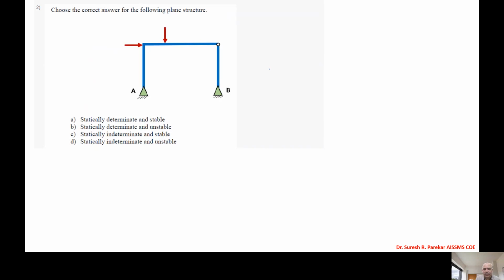Now we know this as a frame. So we have the formula ds equal to 3m plus r minus 3j minus rr. Now m we have 3, r we have 4, j we have 4, and rr we have 2.